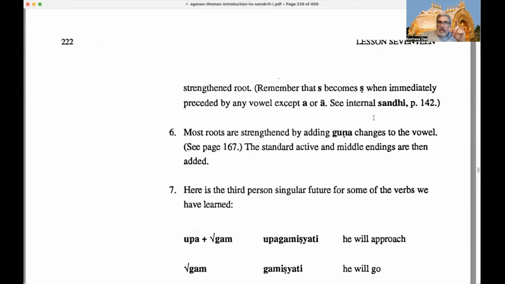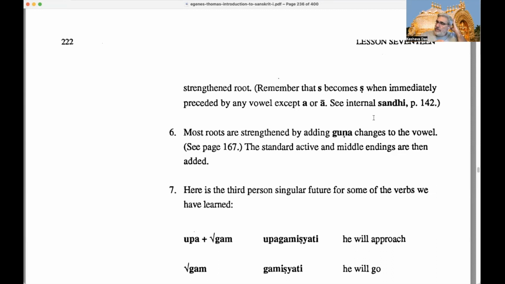So now it said here strengthened root. The root first has to be strengthened. What does that mean? Do we remember about guna and vriddhi? Maybe I'm not sure whether these are different types of strengthening, where we take a simple vowel and strengthen it, and then strengthen it again. So a short a becomes a in guna, and then in vriddhi it becomes a long a, right?